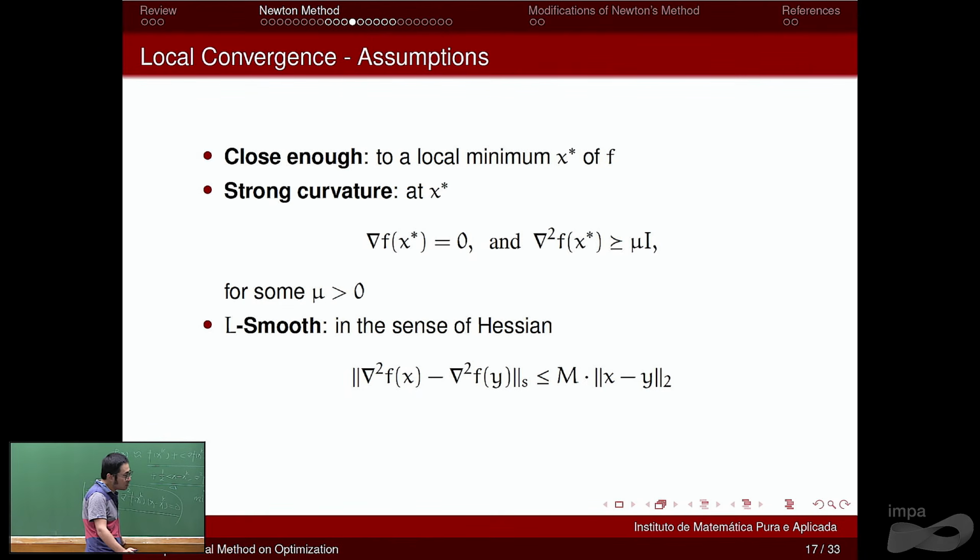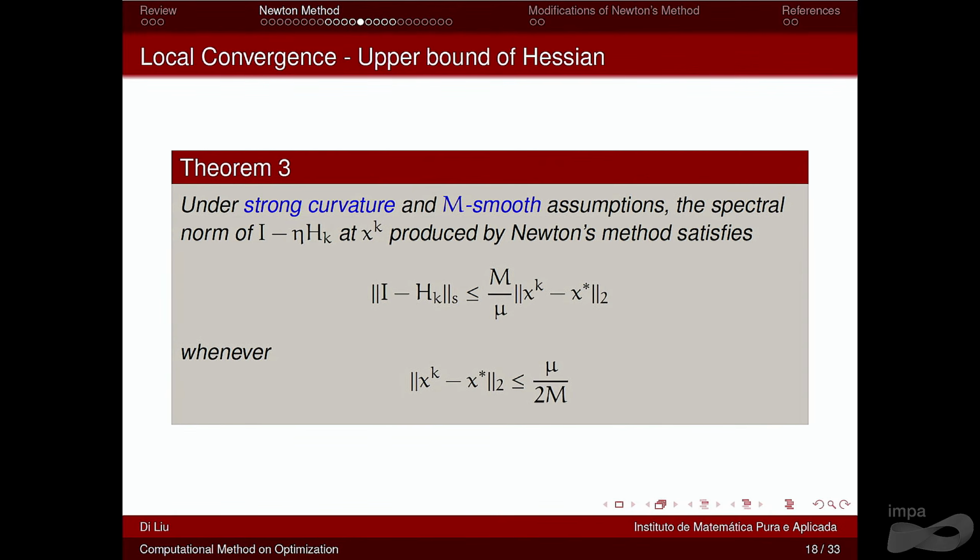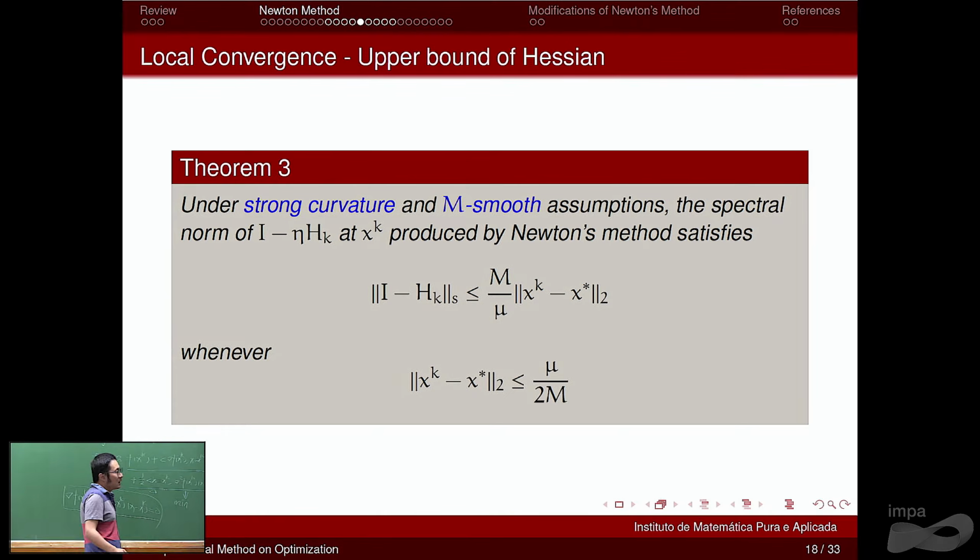We also need to assume the Hessian is M-smooth, or Lipschitz continuous. Before we go to the conclusion, we need a lemma, or a theorem, but it doesn't matter.